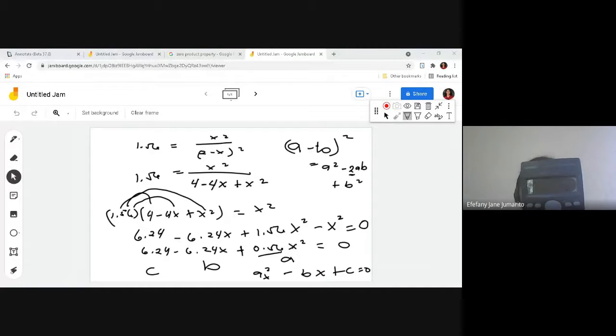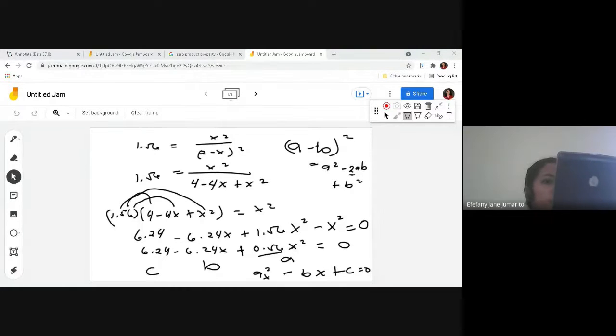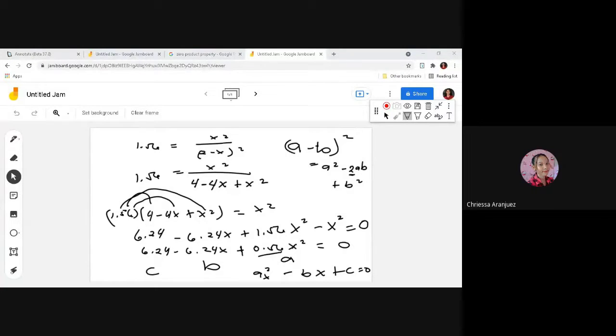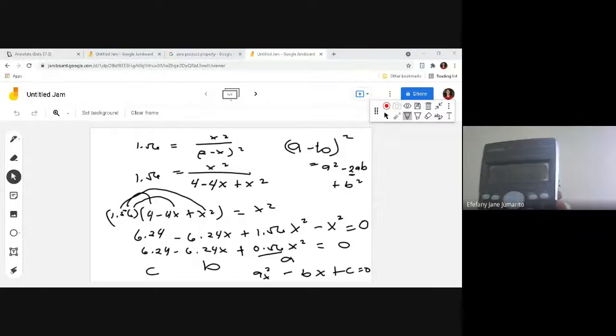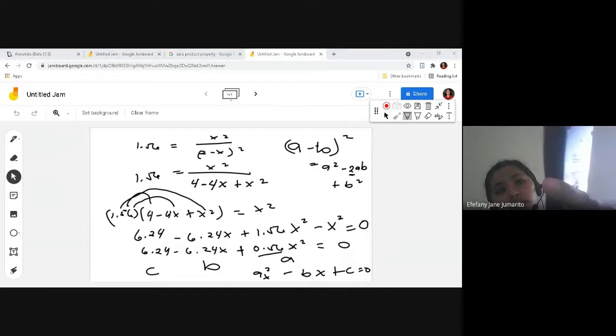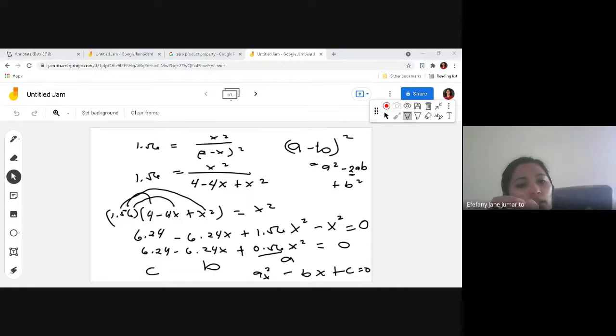What about C? 0.24. Then press equals. Since this is a quadratic equation, we will be given a solution set, but we will only choose the second one.